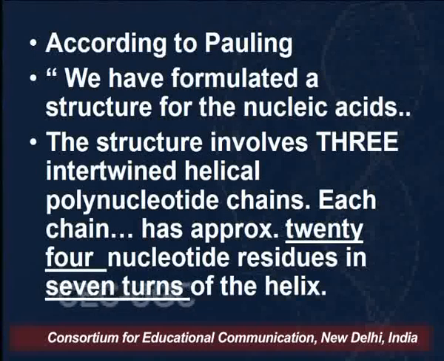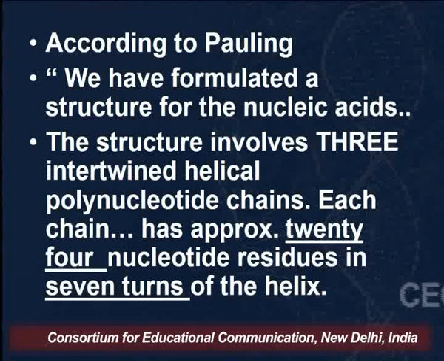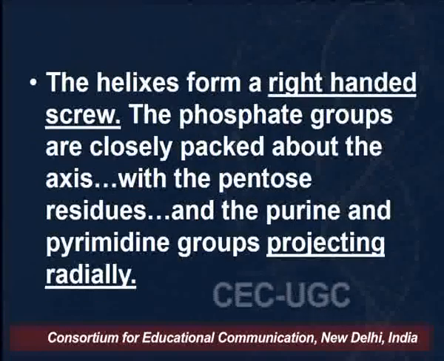According to Pauling, and I quote, "We have formulated a structure for the nucleic acids. The structure involves 3 intertwined helical polynucleotide chains. Each chain has approximately 24 nucleotide residues in 7 turns of the helix.